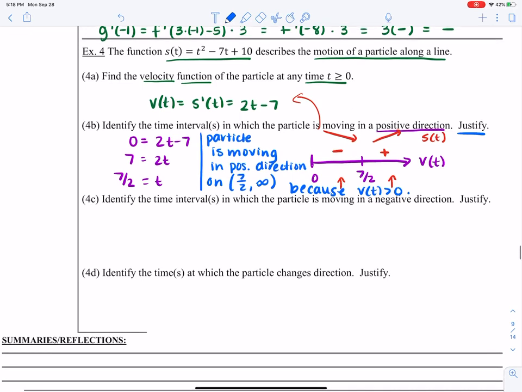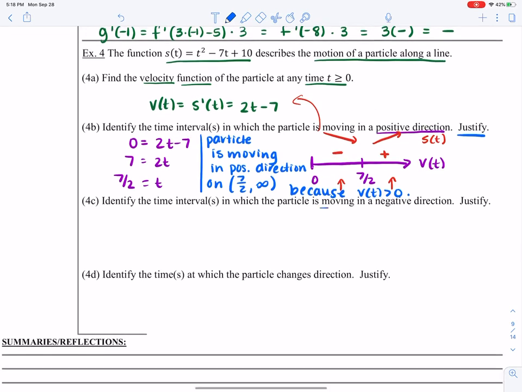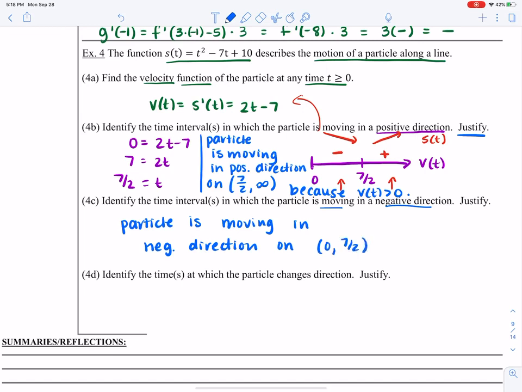Then it says identify the time period where the particle is moving in the negative direction. So similarly, we're going to say the particle is moving in the negative direction on the interval from 0 to 7 halves, because v of t is negative at that point.